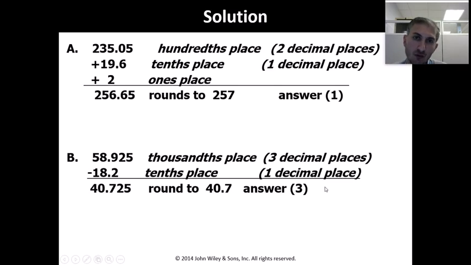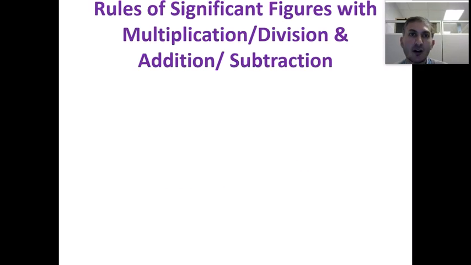I may ask you to work on the workshop that you have, and if you have any question, ask me. And the final thing, we need to know how to calculate when we have a combination of these four operators: addition, multiplication, subtraction, and division.